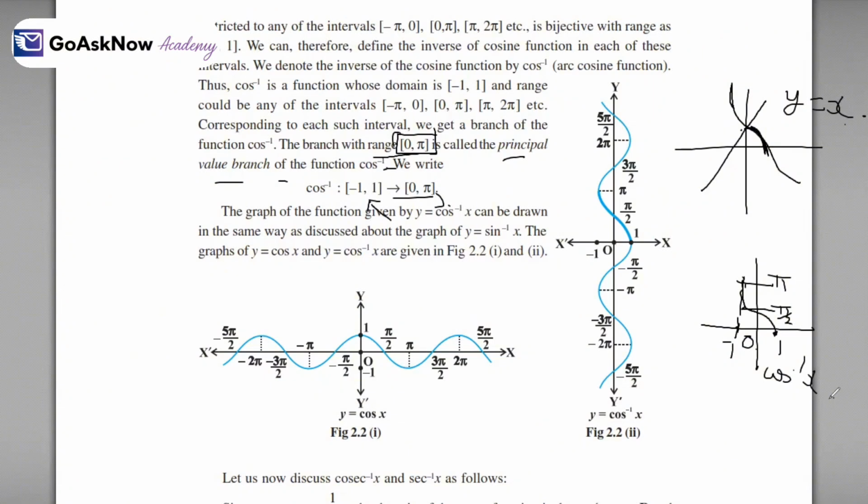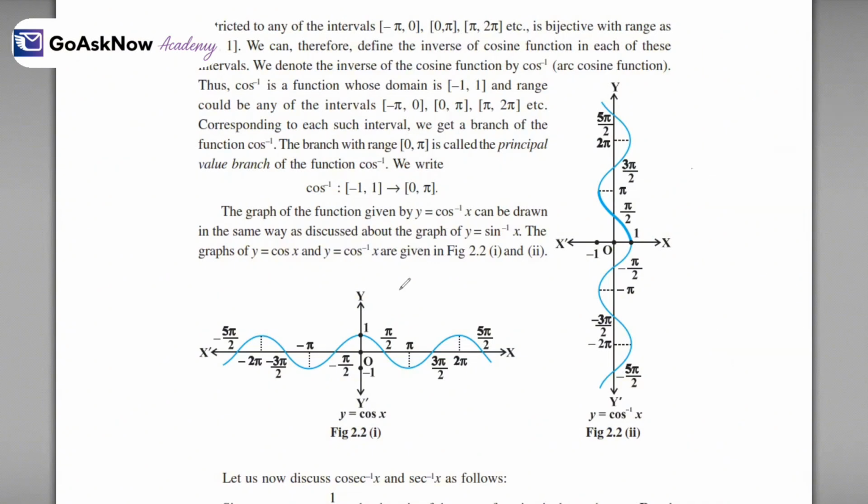I hope you got this. Okay, so till now we have seen what the graph of cos inverse x looks like, and we will see other parts of this also. So let's find out what the next topic is. I will remove these drawings.